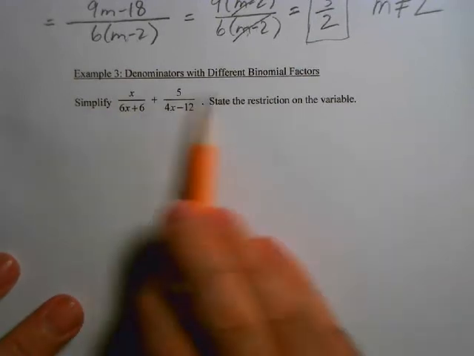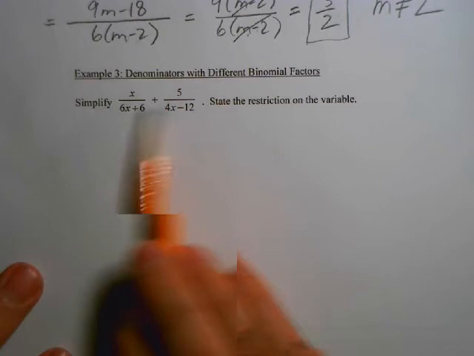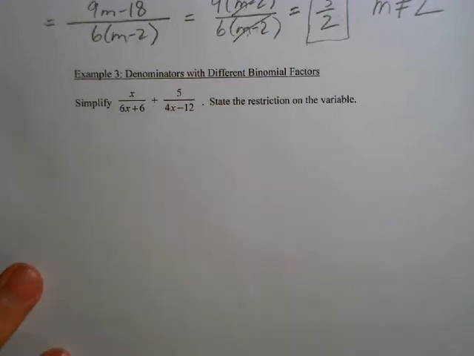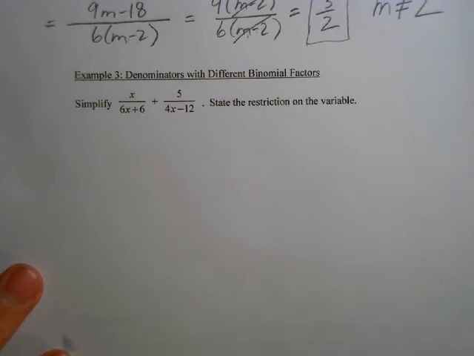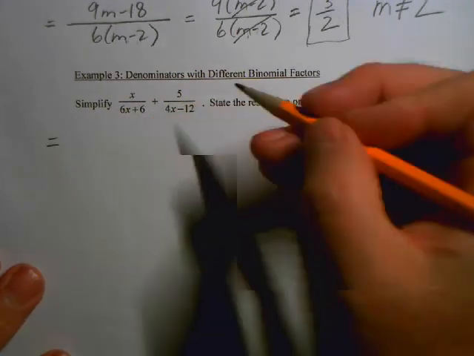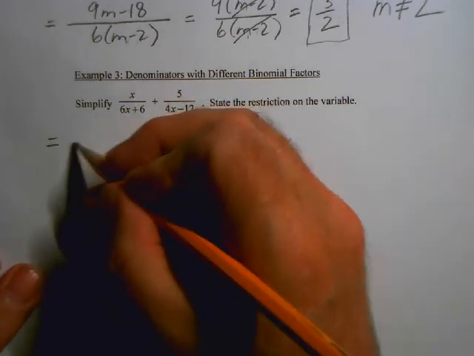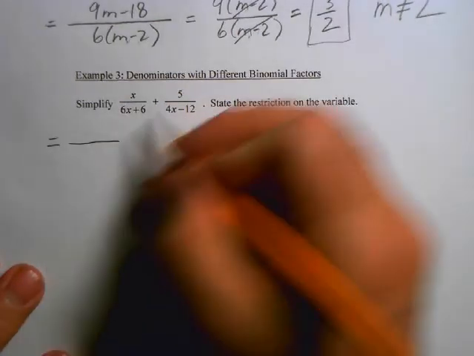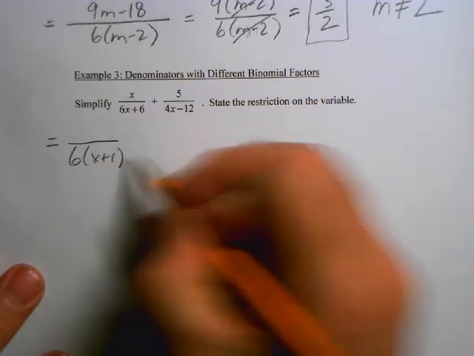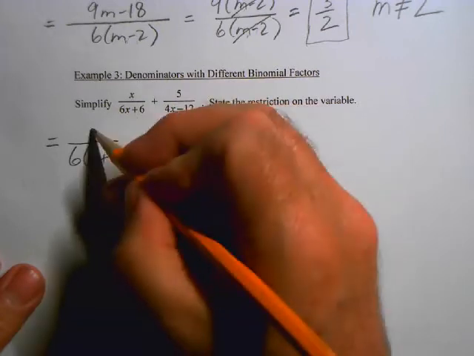So another example here, this time we have two expressions, and both expressions have binomial denominators. So let's go about our business. Again, the first thing we do is always factor before we decide on lowest common denominator. So the factor for the first is 6 times x plus 1. Keep the x on the top.